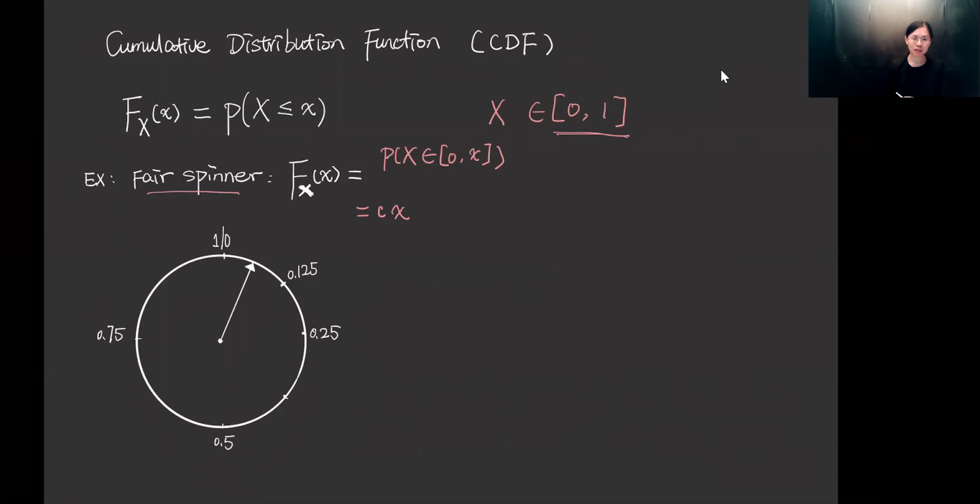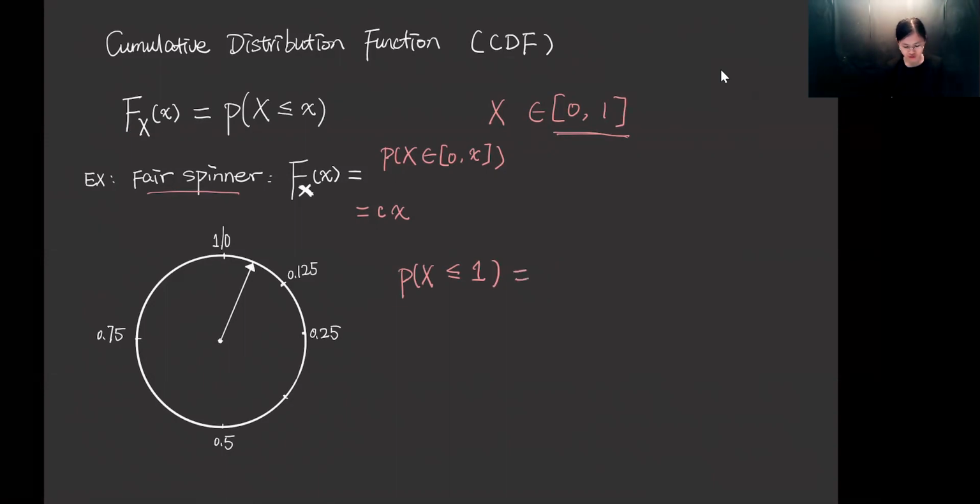But what is the constant? We can figure out the constant using one of the axioms of probability. The axioms tell us that the probability that X is less than or equal to 1, meaning that X takes any value between 0 and 1, and we know that X can only take values between 0 and 1, is the probability of the universal set.